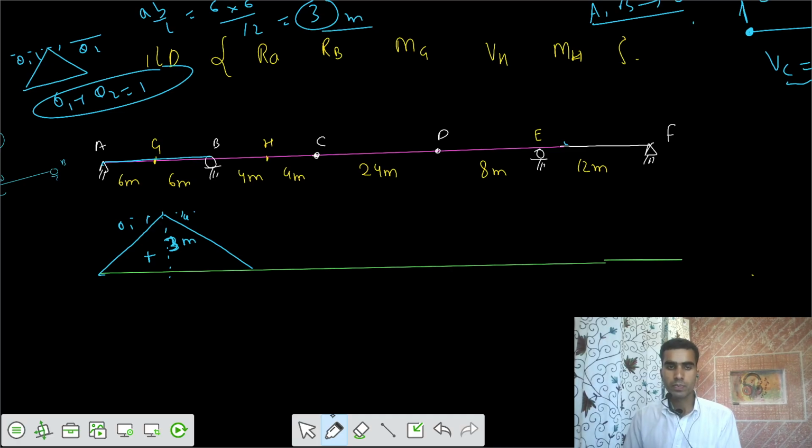Then after that, to maintain the continuity of BC, we say BC would go downwards. Then to maintain the continuity, point D has to remain intact. That means the variation should be in this fashion.